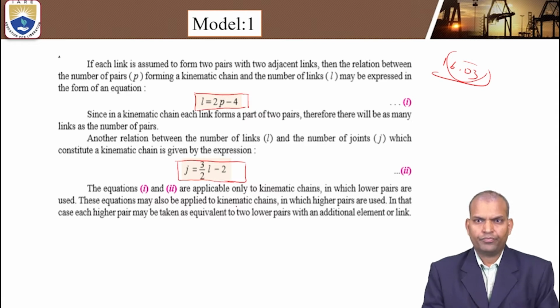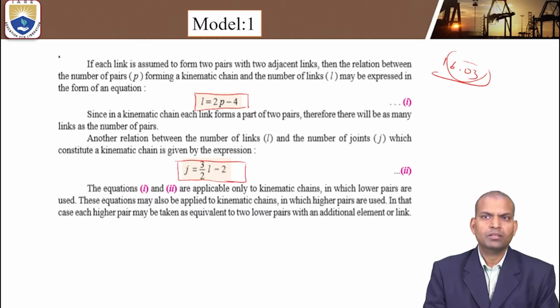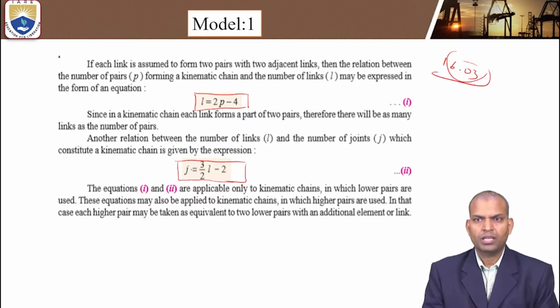Why equation 1? Since in a kinematic chain, each link forms a part of 2 pairs, therefore there will be as many links as the number of pairs. So these are the 2 additional equations to be satisfied by any mechanism.